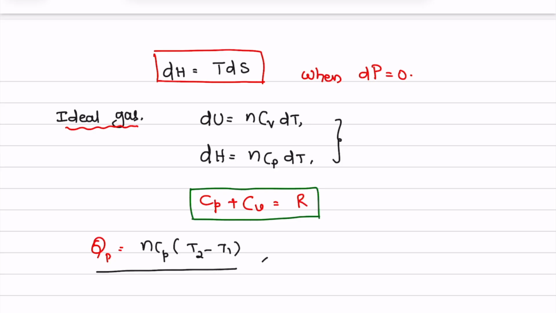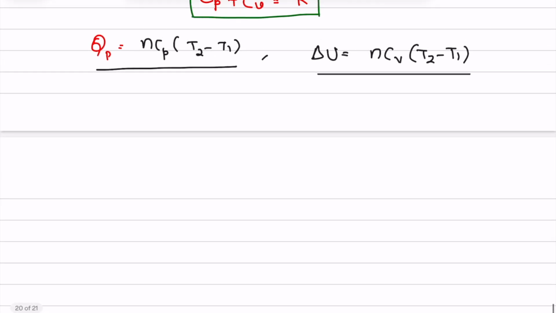Change in internal energy, delta U is equal to nCv into T2 minus T1. You please see how equations are developing. And dH is equal to TdS. All these equations we will be using in the examples.